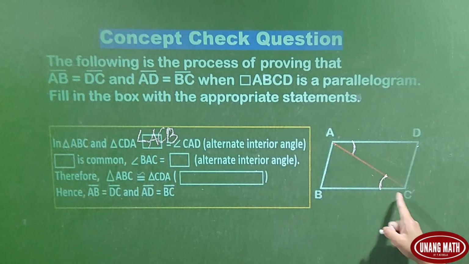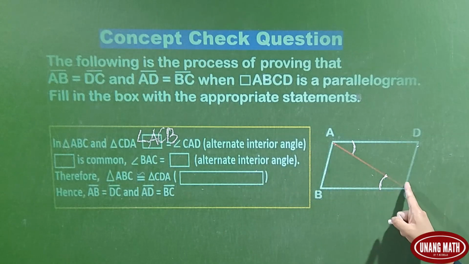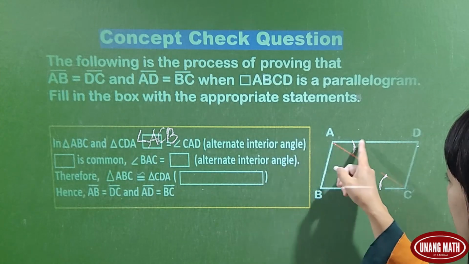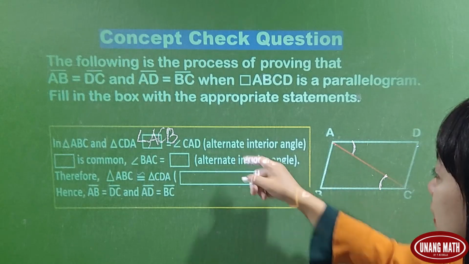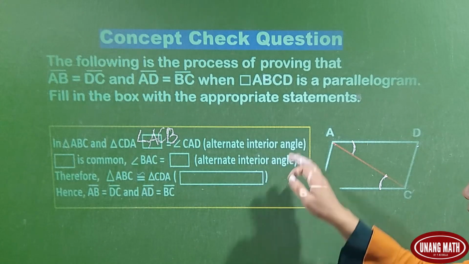So angle ACB is equal to angle CAD. It's because these two angles are alternate interior angles.